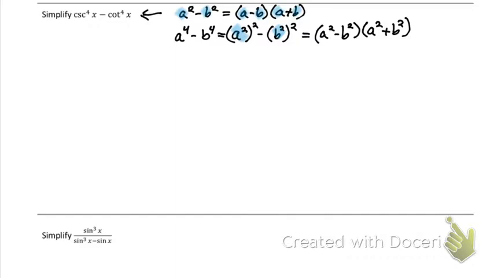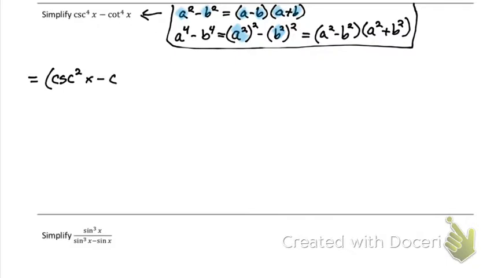You need to be able to recognize that. Because what that means is we can now rewrite this, instead of cosecant to the fourth, as cosecant squared x minus cotangent squared x times cosecant squared x plus cotangent squared x.